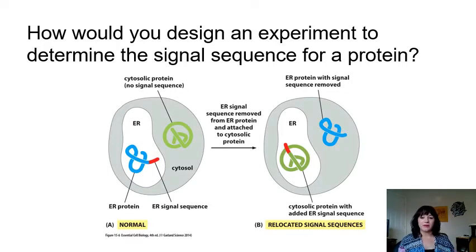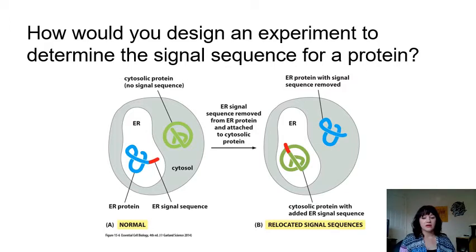So here is one. It's not the only experiment that you could design to determine the signal sequence for a protein. In this example, your protein of interest is normally sent into the endoplasmic reticulum, so it functions in the ER. And we're going to propose that the theoretical signal sequence is shown in red.